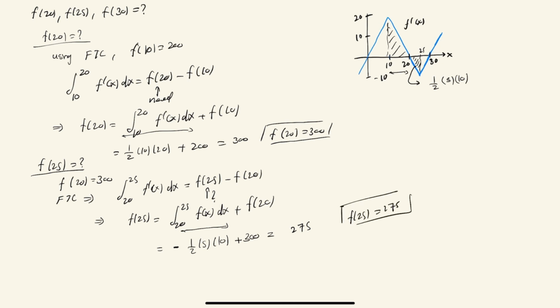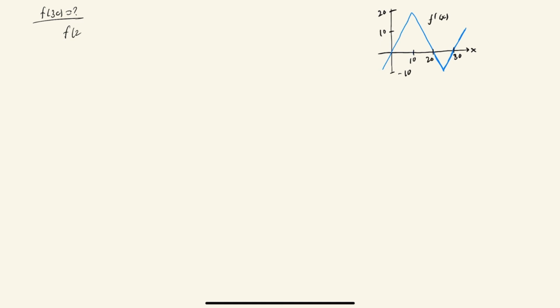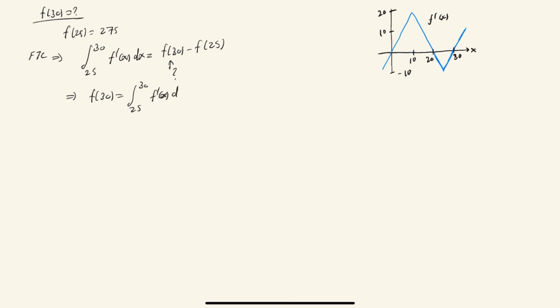Now, f of 30. So again, we're going to use the last point we did. That is f of 25 since we know the value of it. And then we're going to use the FTC. So the definite integral from 25 to 30 is going to be equal to f of 30 minus f of 25. I'm going to solve for f of 30. Therefore, it's going to be equal to the definite integral going from 25 to 30 plus f of 25.